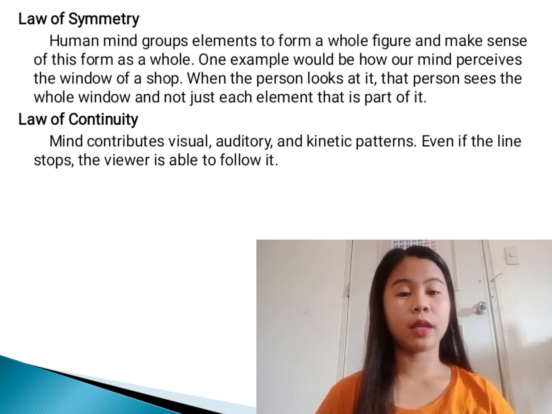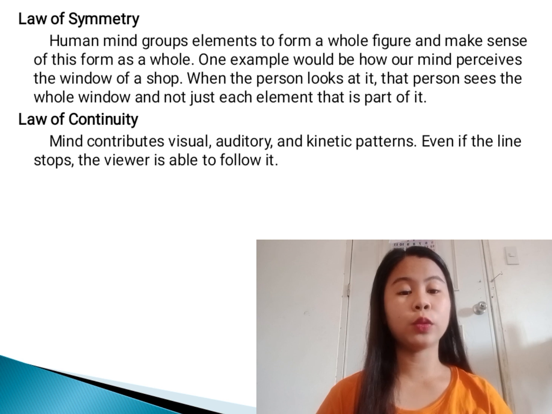Law of symmetry: the human mind groups elements to form a whole figure and makes sense of this form as a whole. One example would be how our minds perceive the window of a shop. When a person looks at it, that person sees the whole window and not just elements of its parts.